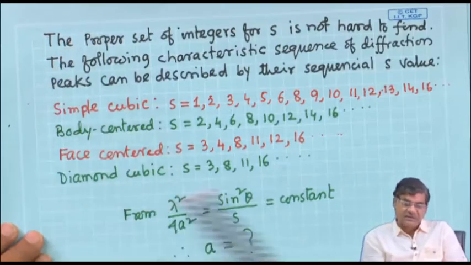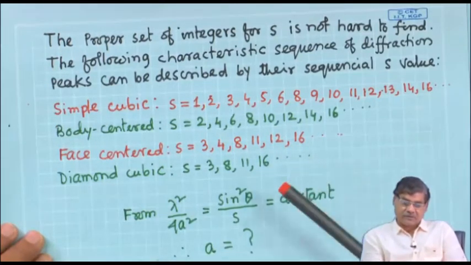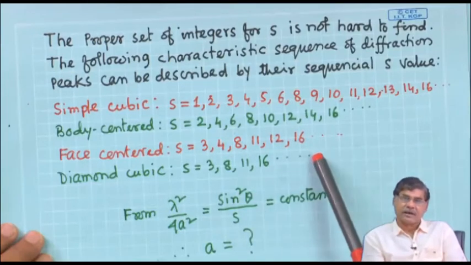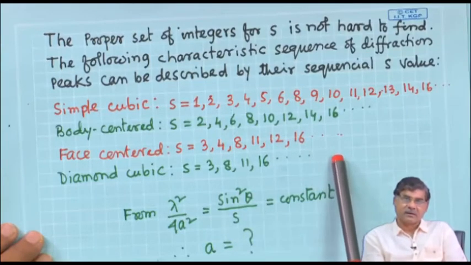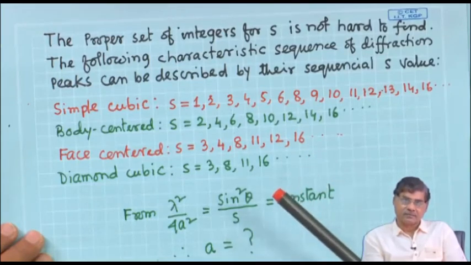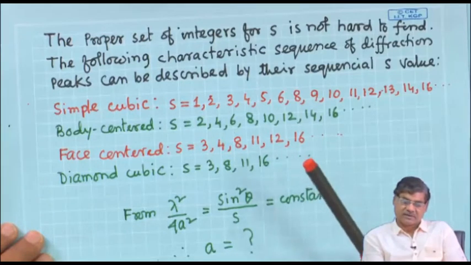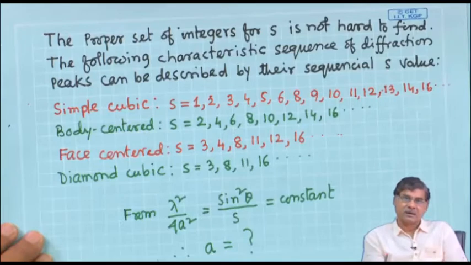The detailed reason for this sequence is atomic scattering from the crystal. The intensity of the Bragg peak depends on the structure factor, and in the structure factor the atomic positions are included.